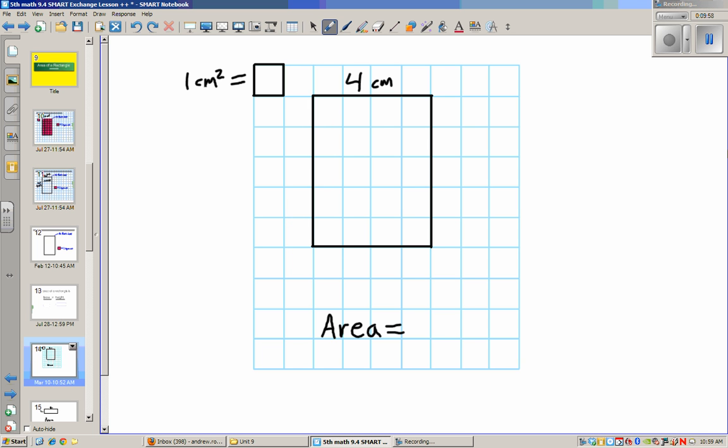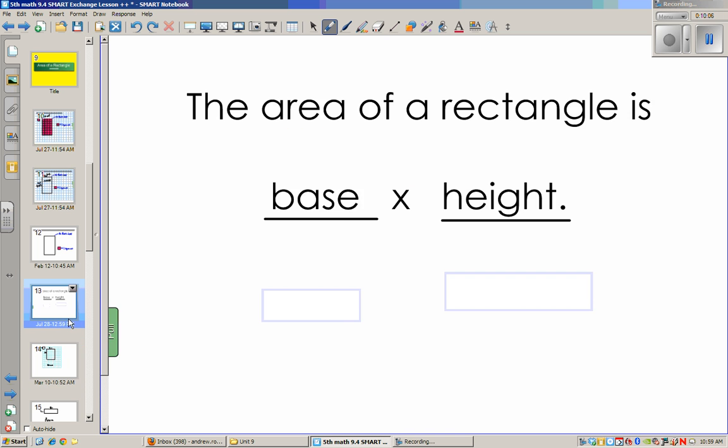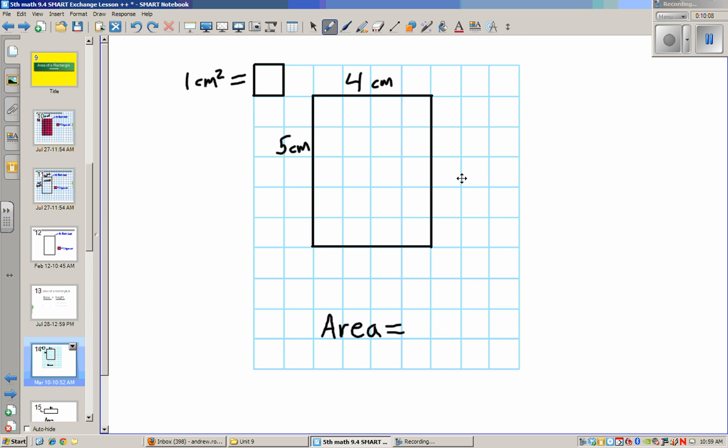This side is 5 centimeters long. So my equation says that I do base times height. So here my base is 4, my height is 5. So I multiply those together and I get 20.